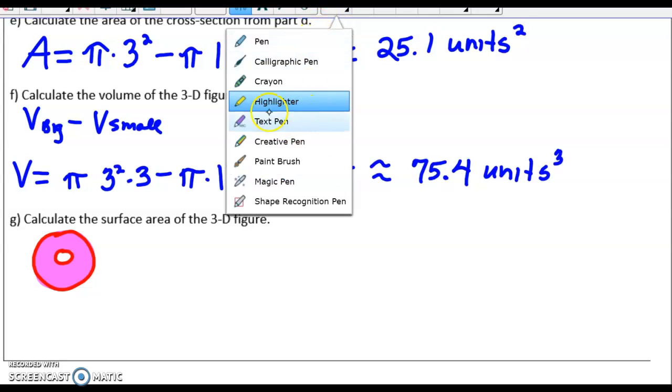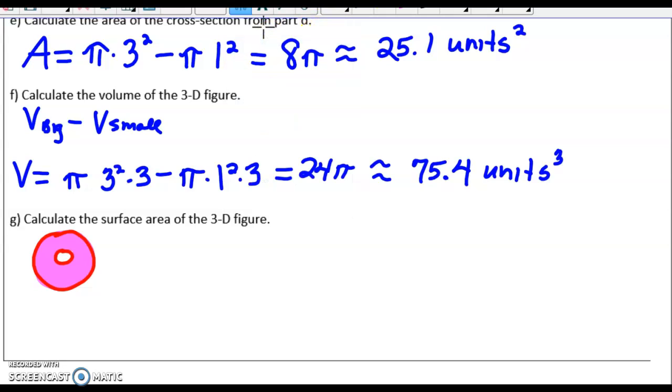And then we also have the outside, it's called a lateral area, of the big, and we have the lateral area that doesn't include the top and bottom.